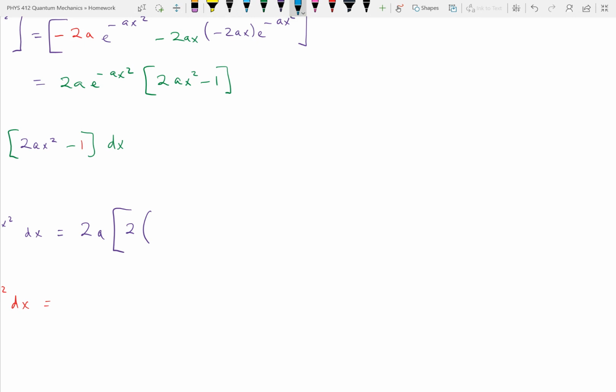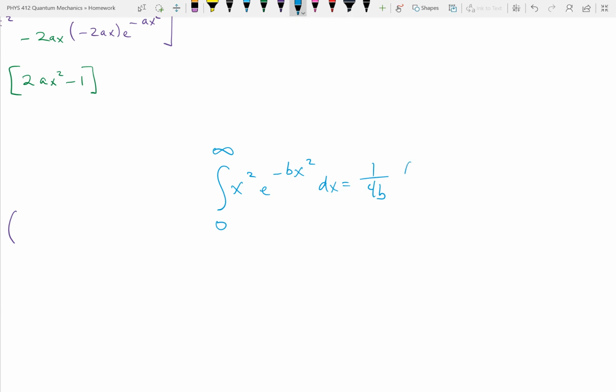Okay. So since we're taking e to negative 2ax squared, are we splitting that apart, or are we just leaving it as, oh, okay. You just substitute a new value.